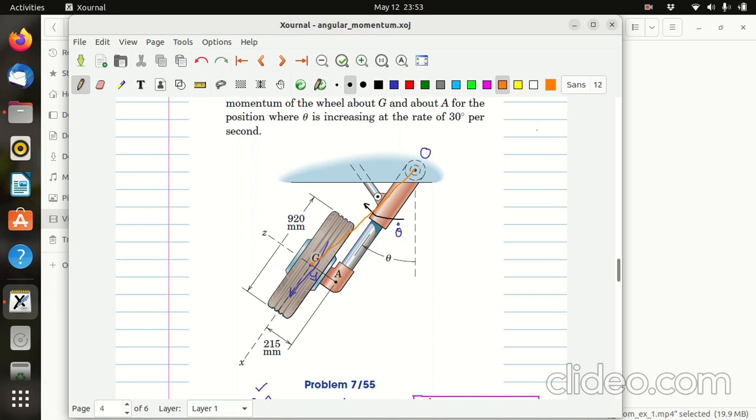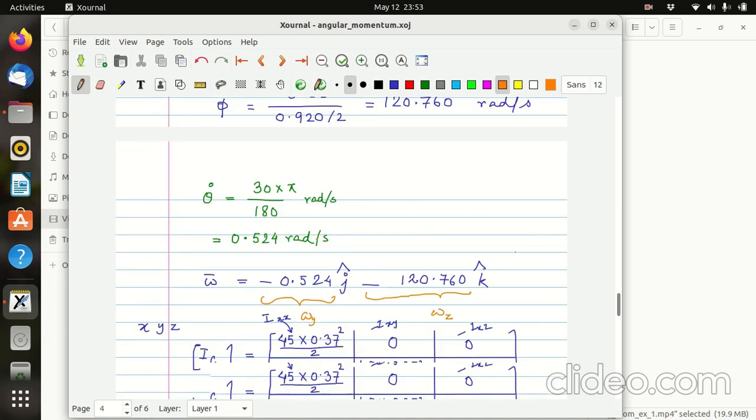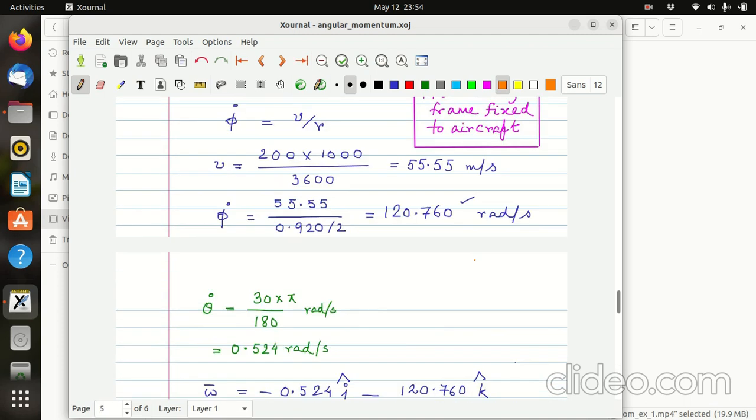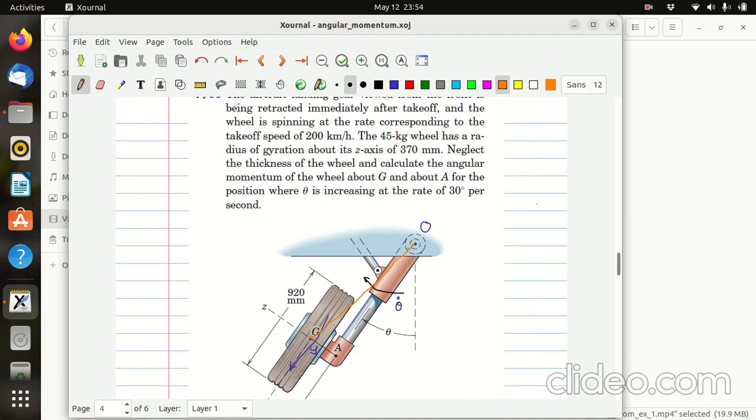That means minus theta dot j; omega cross OG will give you the velocity of G. So this is OG cross minus theta dot j. So what is OG? OG is OA plus AG.